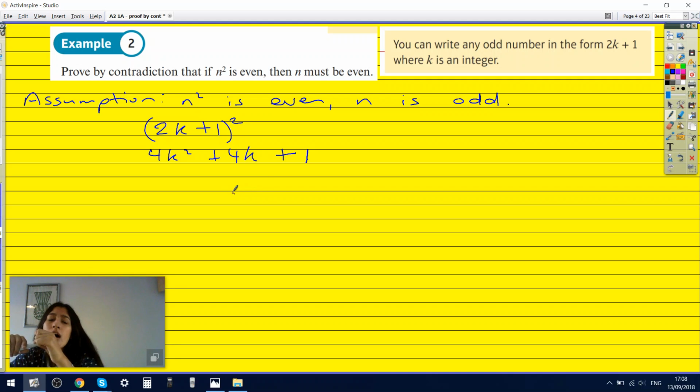Technically take a factor of 2 out. 2 times 2k squared plus 2k, plus 1. And what does that tell you?